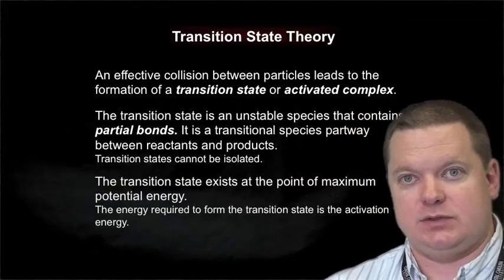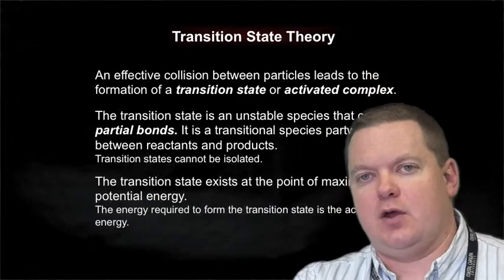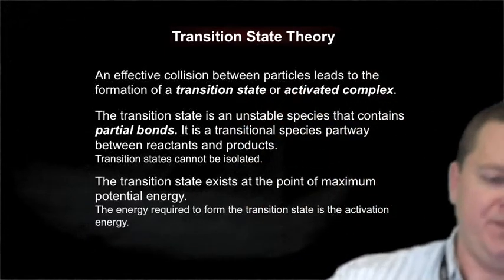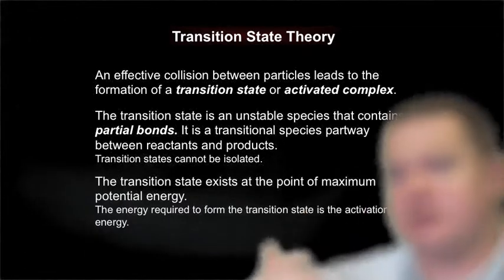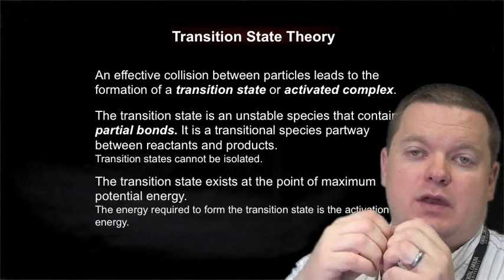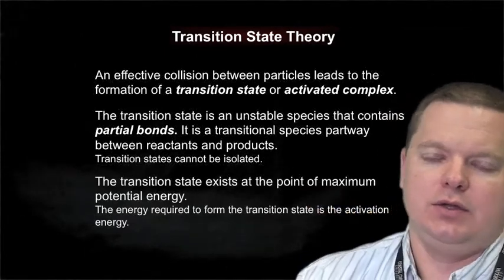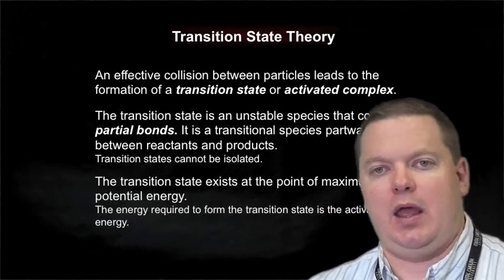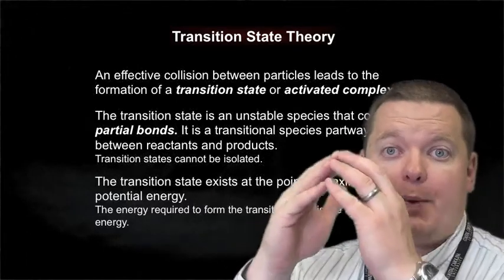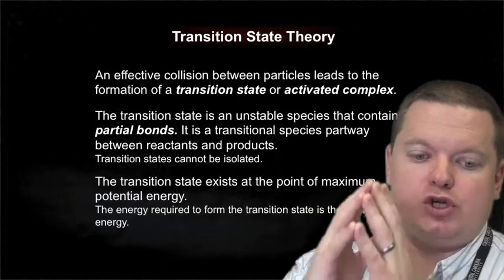So either they can unsuccessfully go back to the reactants, or successfully combine and go. So in this transition state, we have an unstable set of bonds that can lead to the products that we are desiring. And this transition state is going to exist at the top of our activation energy hump.